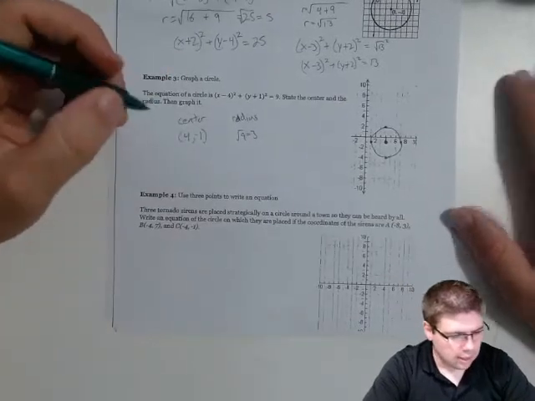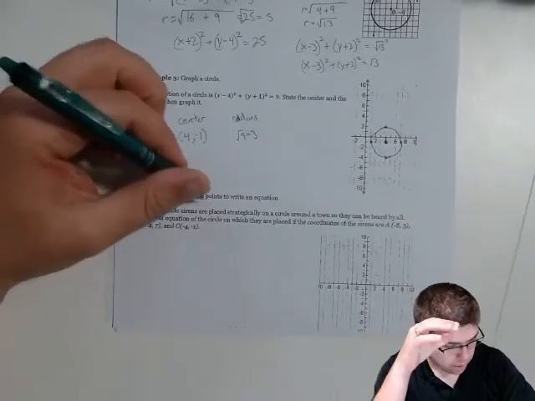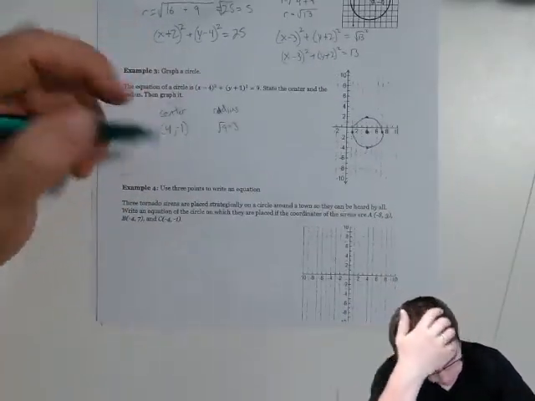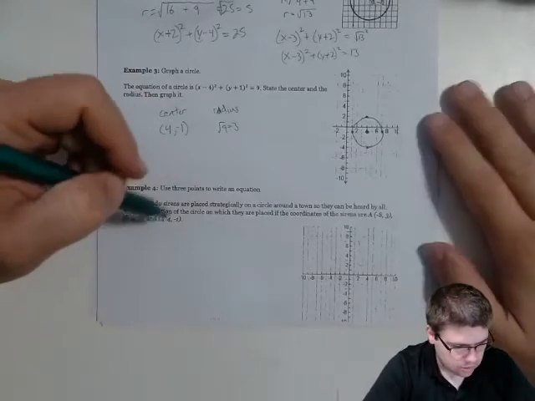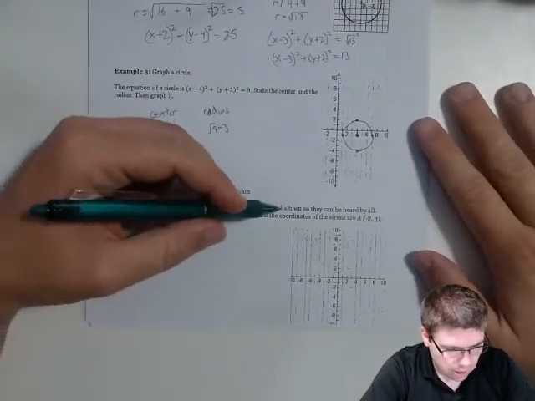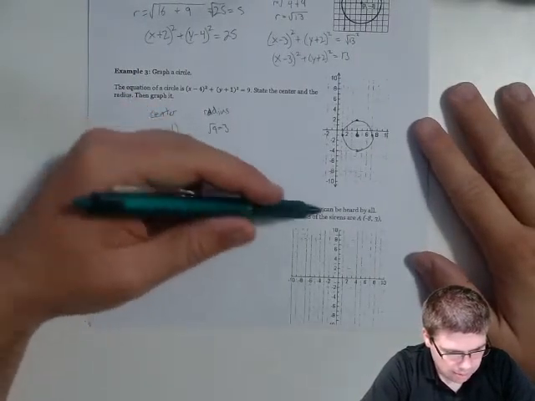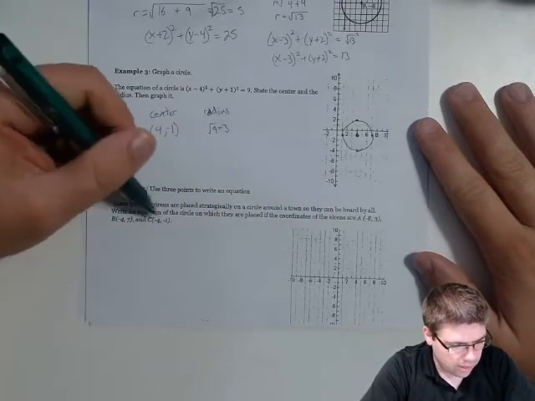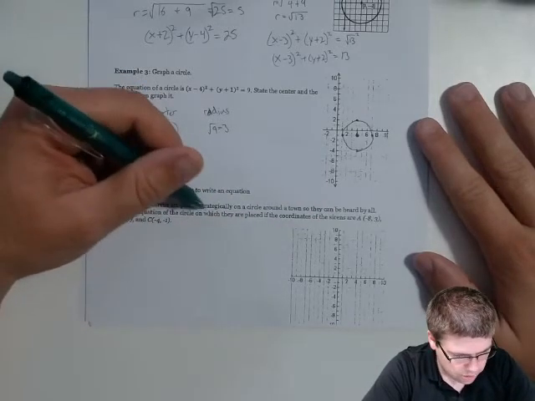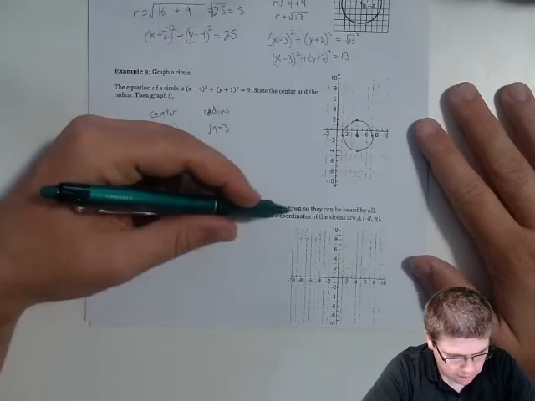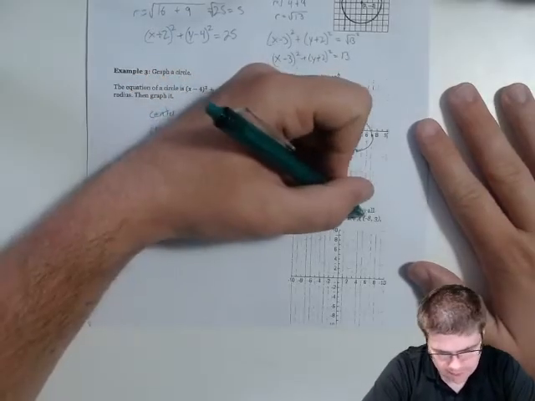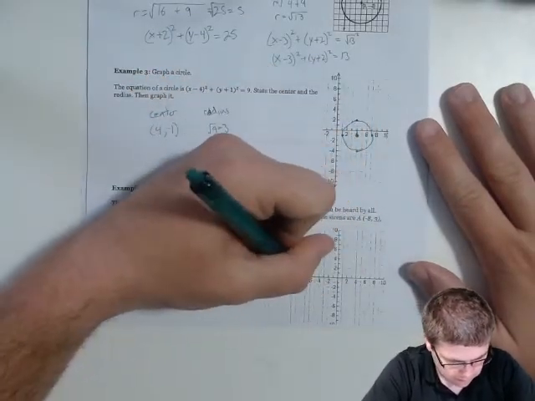All right, and then use 3 points to write an equation. 3 tornado sirens are placed strategically on a circle around a town so they can be heard by all. Write an equation of the circle on which they are placed if the coordinates of the sirens are -8, 3. So -8, 3.